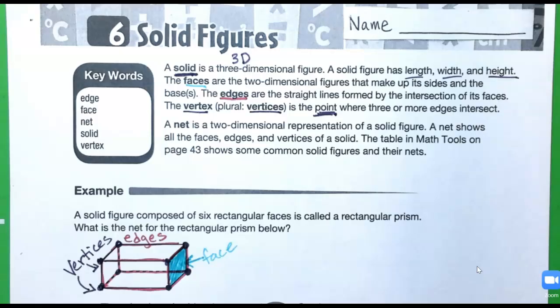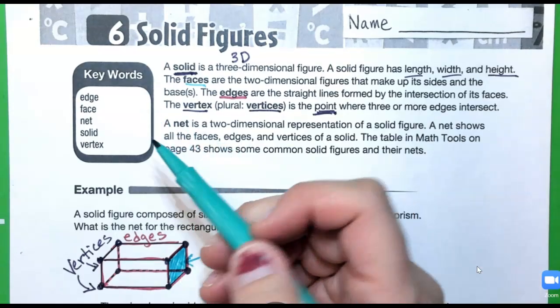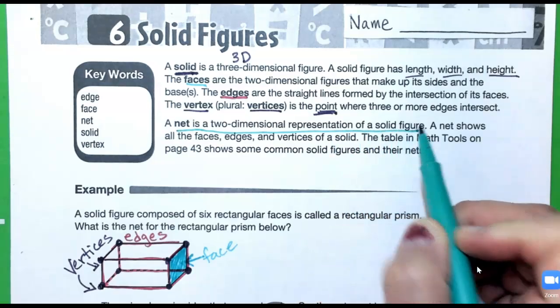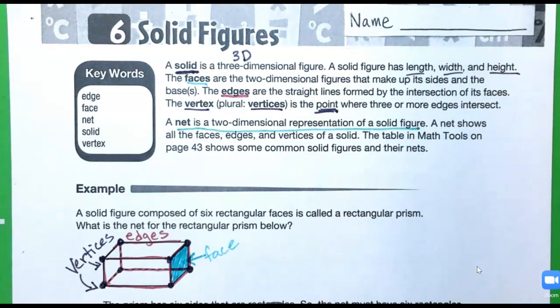Another word we're going to talk about is a net, all right? A net is an important thing that we talk about when we're talking about solid figures. A net is a two-dimensional representation of a solid figure, okay? And the net's going to show us all the faces of the solid. We are going to look at one down below here in a minute, and I'll talk about it a little bit more.